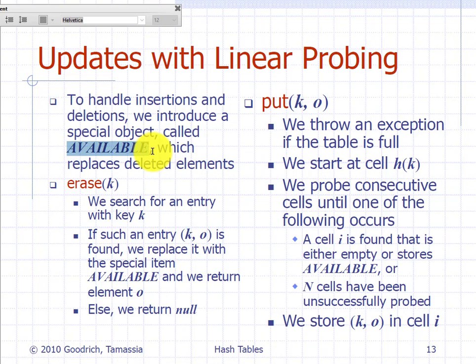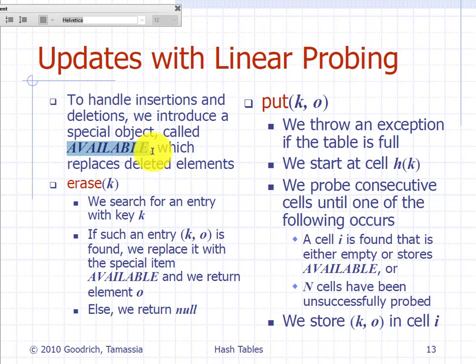So we have these two kinds of nulls. There's the proper null, which means that the cell was never filled with anything. And then we have another special character or special string called available. Instead of saying available, you could always just put in a special value or a number that wouldn't be one of your keys.